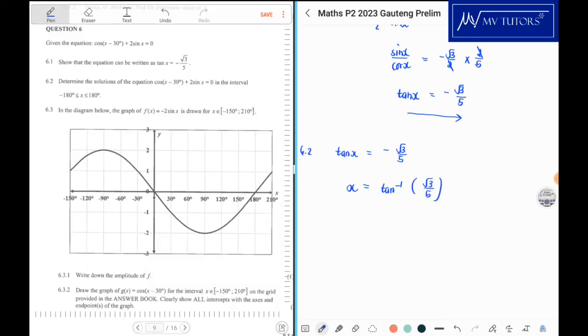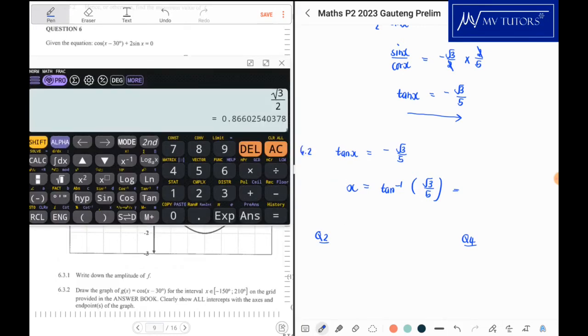And because of this negative, I know that I'll get the solution for quadrant 2, that's where tan is negative, as well as quadrant 4. Okay, so now let me get what the reference angle is. So I have the arctan, shift tan. Okay, we have root 3 over 5.